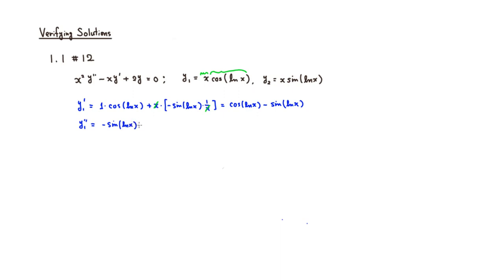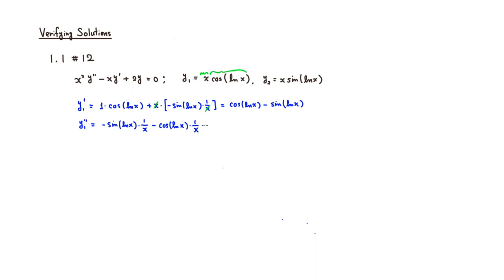then you multiply by the derivative of the inside function, natural log, which is 1 over x. Then the derivative of negative sine of natural log of x is negative cosine of natural log of x, times 1 over x.